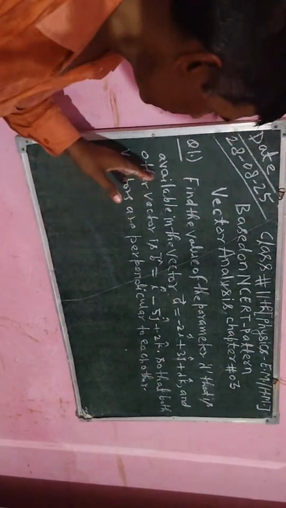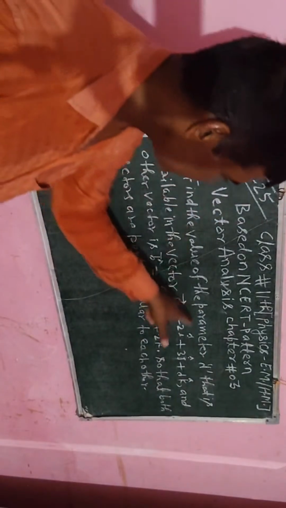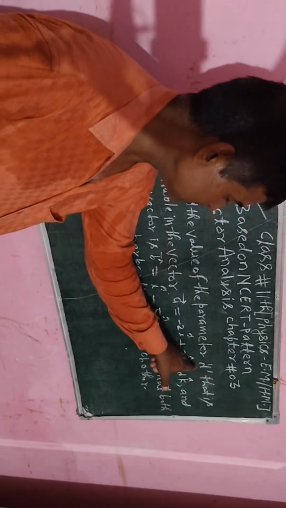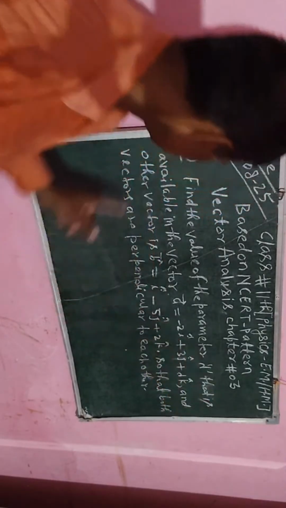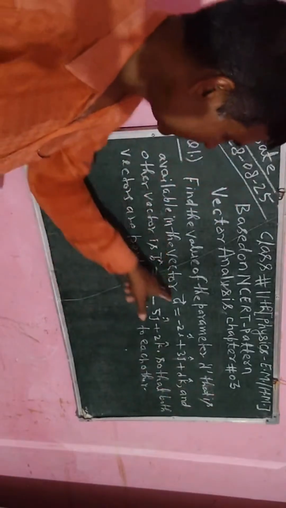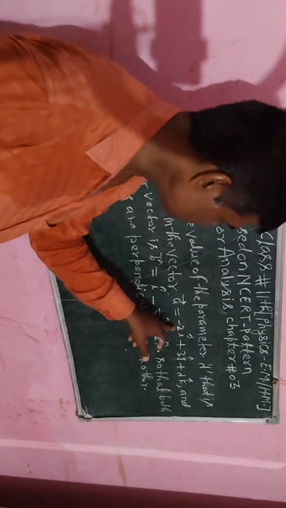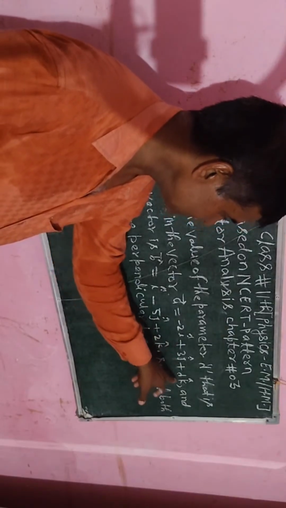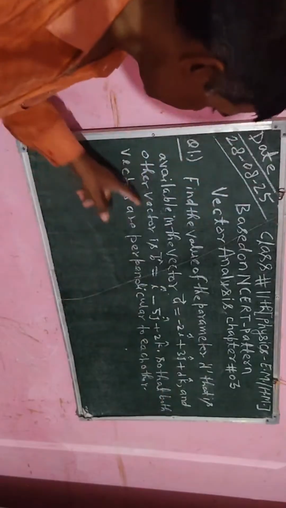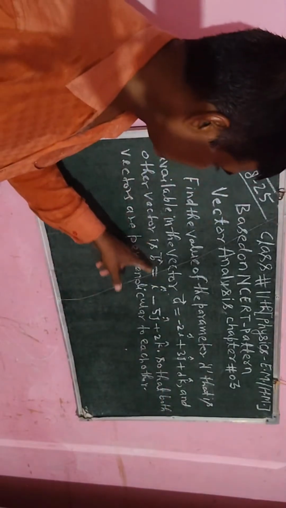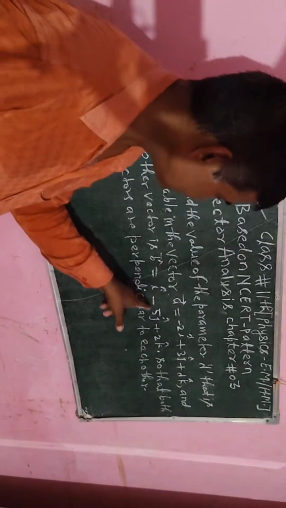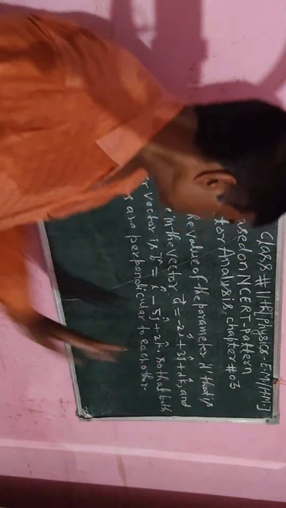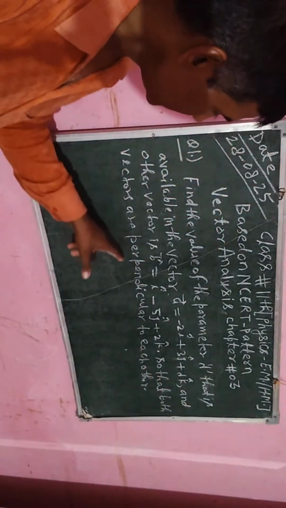So here I am going to find the value of the parameter lambda, which is available in the vector A, which is equal to -2 i cap plus 3 j cap plus lambda k cap, and the other vector is B, which is equal to i cap minus 5 j cap plus 2 k cap, so that both vectors are perpendicular to each other.